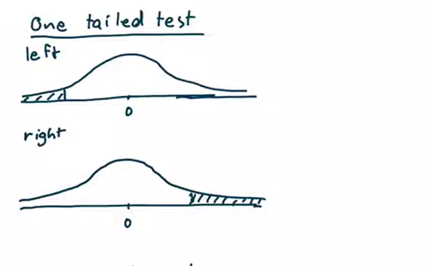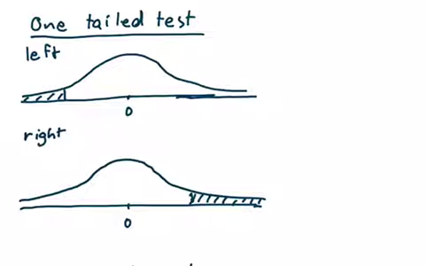Now, there are various different types of hypothesis tests, and basically these are referring to the critical regions. One way of remembering what type of test you're using is to get a mental picture of what the critical region looks like. So in a one-tailed test, we have two different options.